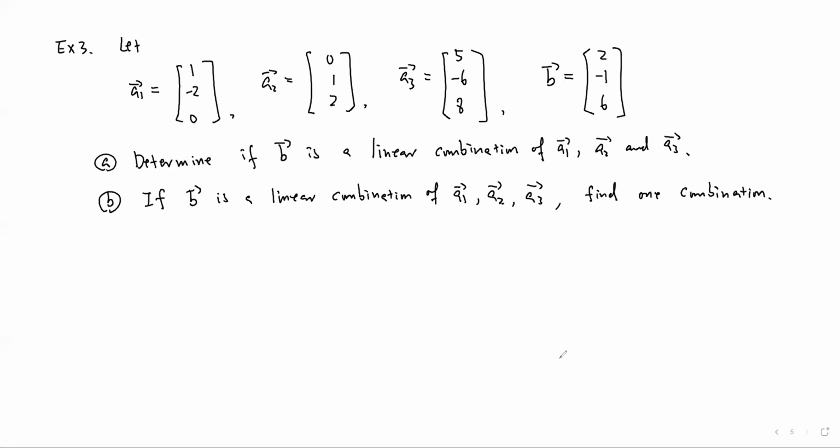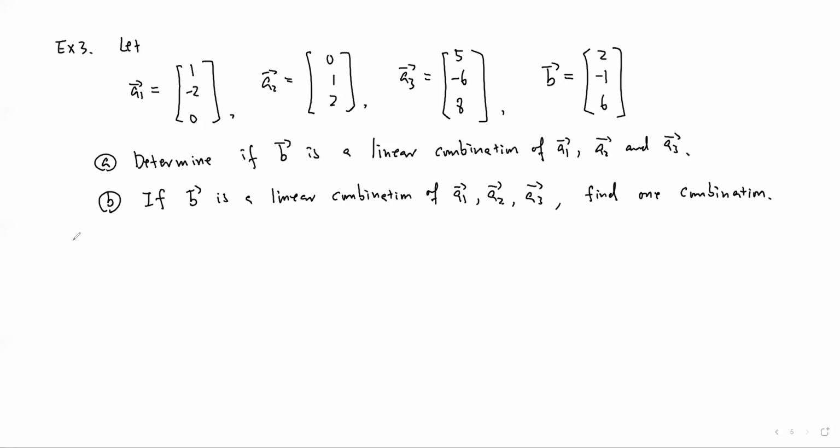That means find the numbers so that using those numbers, we have a linear combination. The linear combination is b. Find some concrete numbers, scalars.